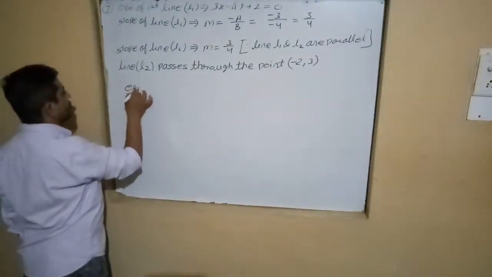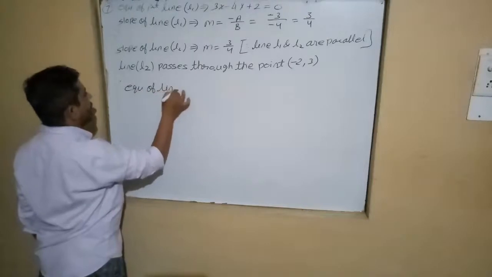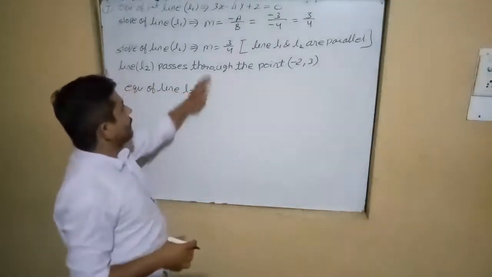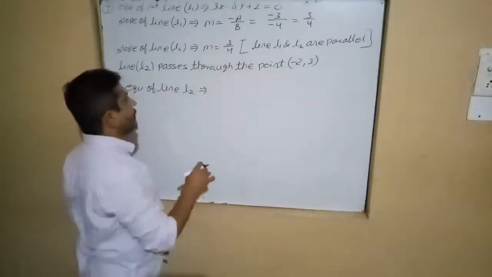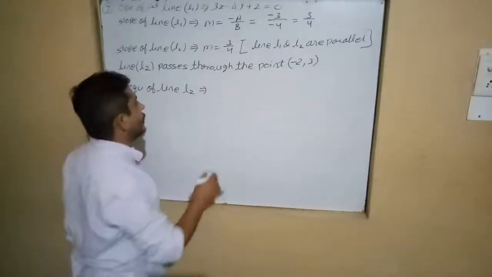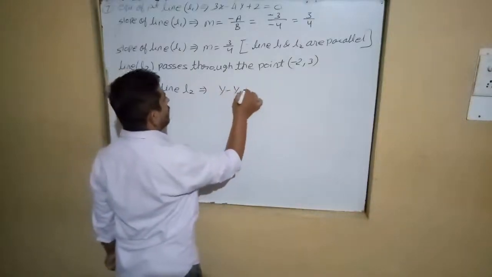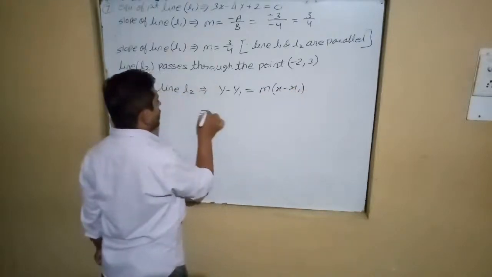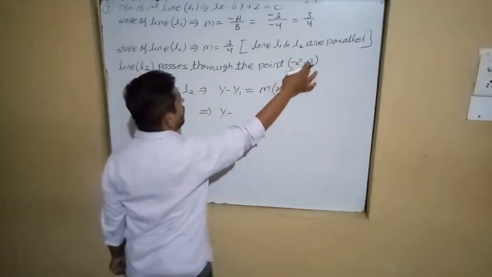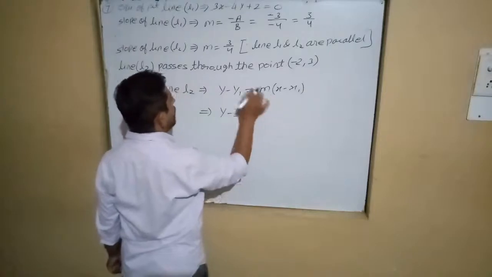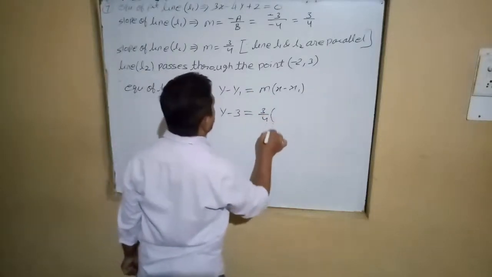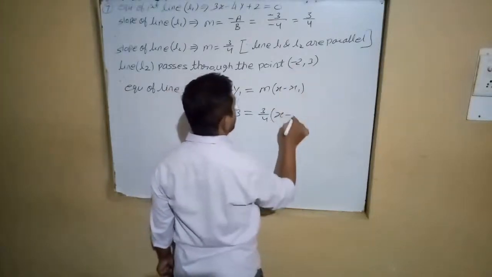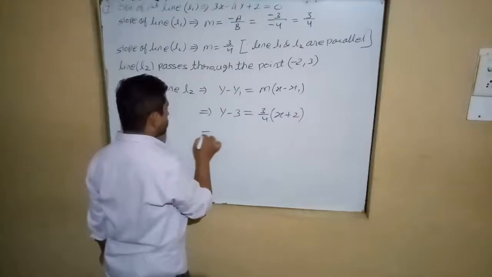Therefore, the equation of line L2. So what do we have? We have the m and we have the point. So we can use here the point-slope form: y minus y1 is equal to m into x minus x1. Simply, y minus y1, what is the y1 here? 3, is equal to m, which is 3 by 4, and x minus x1, where x1 is equal to minus 2, so it becomes plus 2.